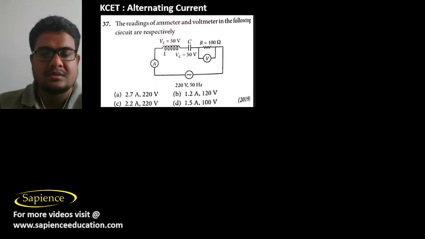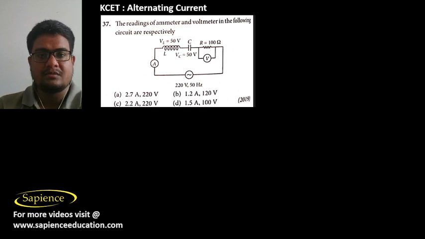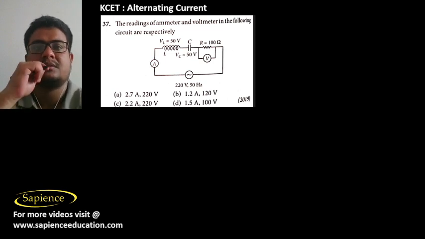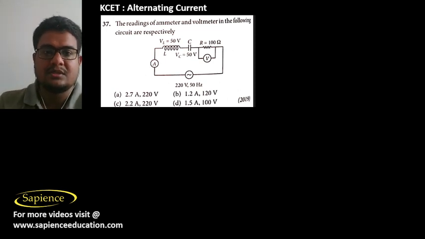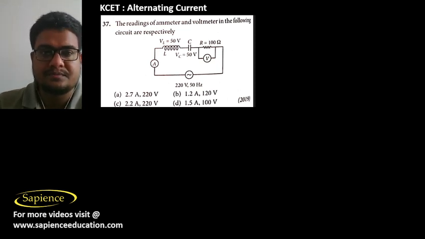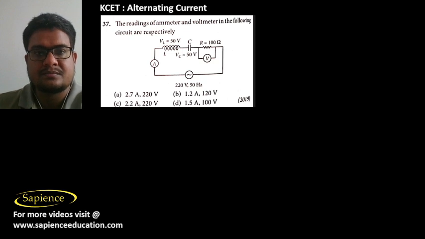Then number 37, it is told the readings of the ammeter and voltmeter in the circuit are to be found.